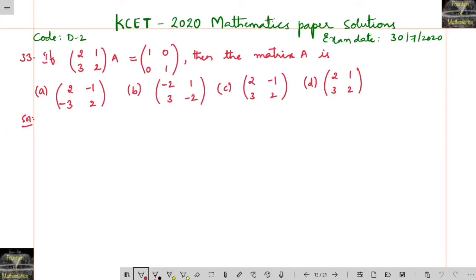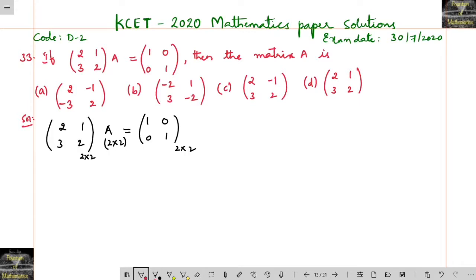If the matrix [2, 1; 3, 2] into A is equal to [1, 0; 0, 1], then the matrix A is. So here [2, 1; 3, 2] is multiplied with a matrix A, so that you will get [1, 0; 0, 1]. Since the given matrix is 2 by 2 and here the result is a 2 by 2 matrix, obviously A is also a 2 by 2 matrix.